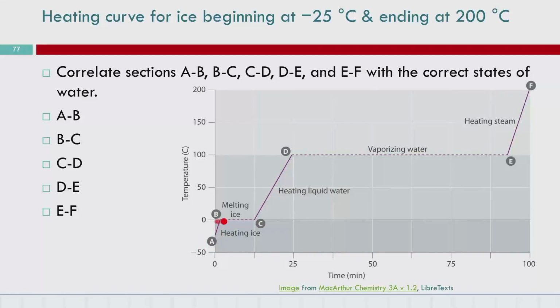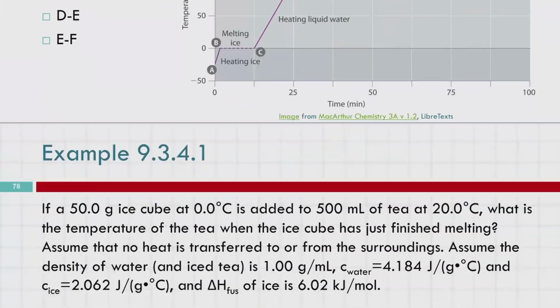Once it gets to its melting point though, that temperature locks in for a period of time. Once it's all converted into liquid, now it turns into just heating liquid. The temperature is going up again. Once it gets to boiling point, then it takes a long time for that to vaporize. You've got both liquid and vapor or gas, water vapor. And then once it's all turned into steam, then we can finally start heating it up again.